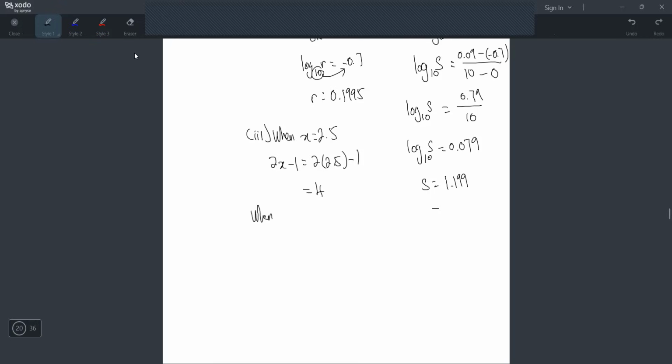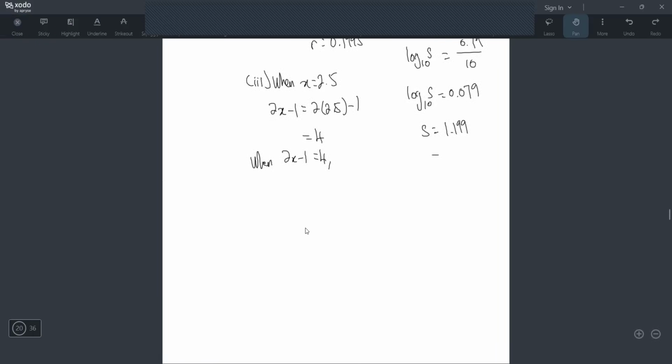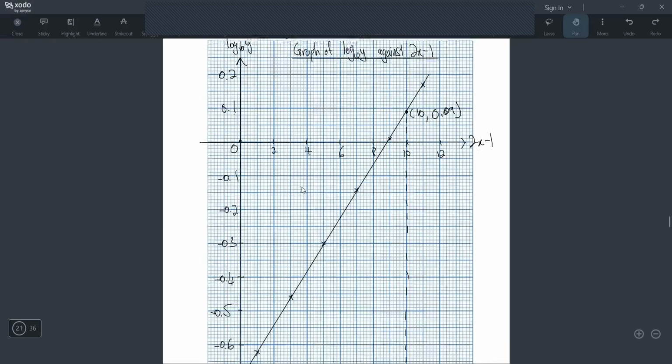So when 2x minus 1 equals 4, now only you can go to your x-axis and carry 4, because your x-axis is 2x minus 1, right? So you go to your x-axis 4, and then you tarik dotted line ke bawah. Don't tarik atas, because atas nothing, there's no garisan there. So you have to tarik bawah, and the moment the dotted line touches the line, you put a dot and then tarik to the y-axis.